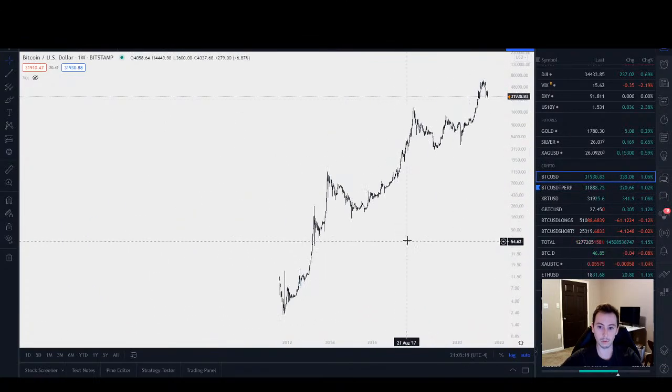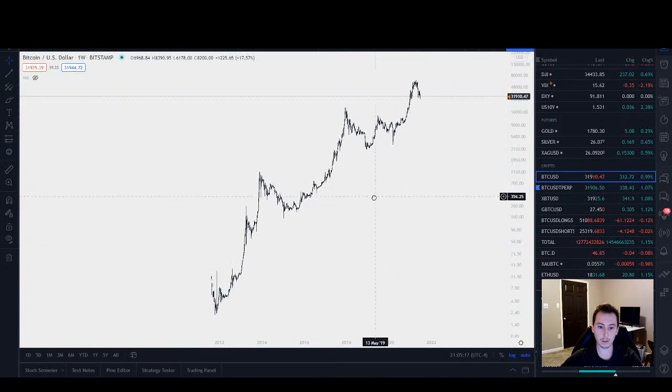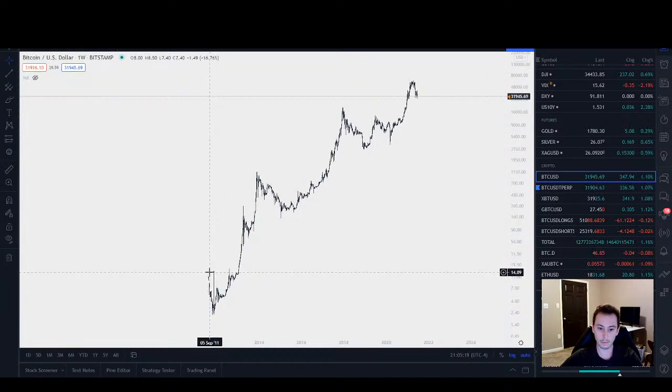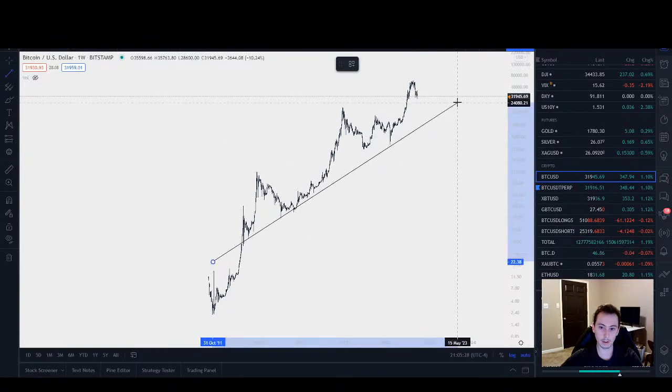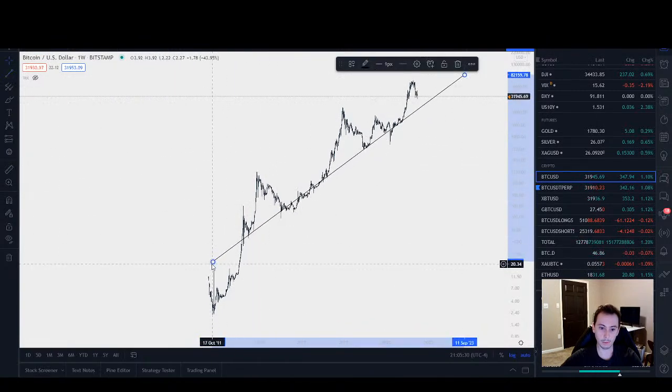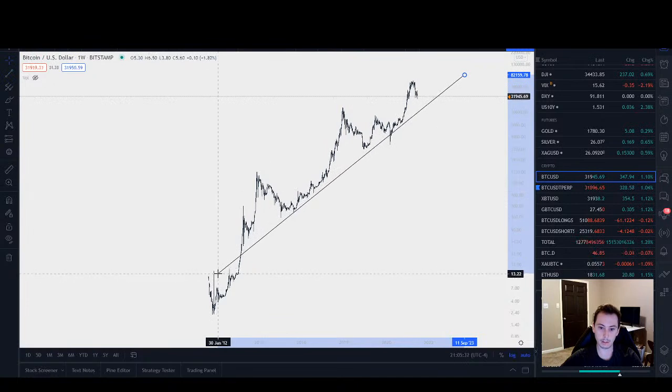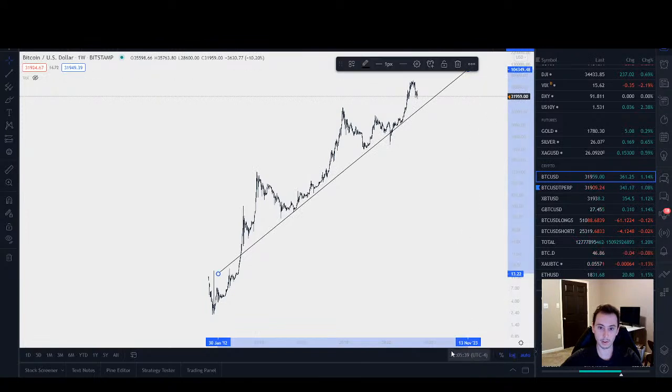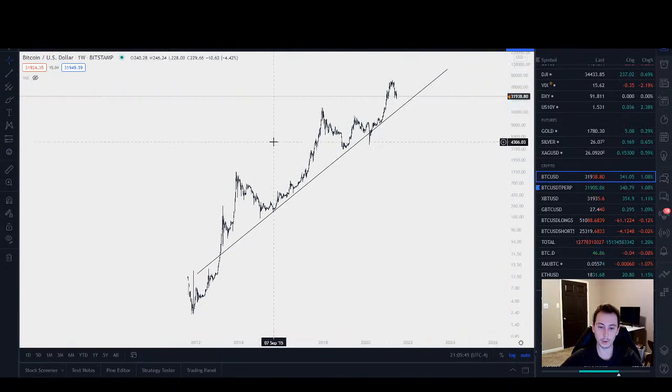In the long term, I'll zoom way out on the weekly, and the price starts all the way back here in 2011, and then goes up to today. You can start doing a little bit of charting on the log scale. I would not advise trading around log scale charts. If you're going to trade, you should look at the linear scale, but you can get an idea of the overall overarching picture of where Bitcoin's headed.